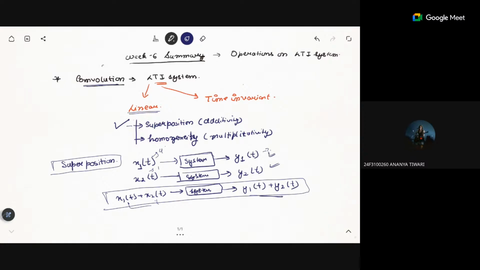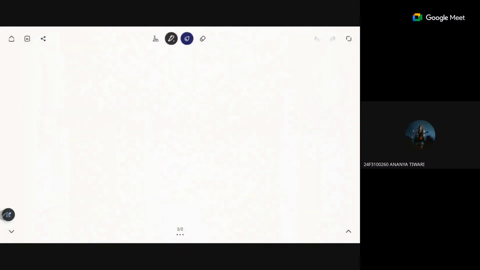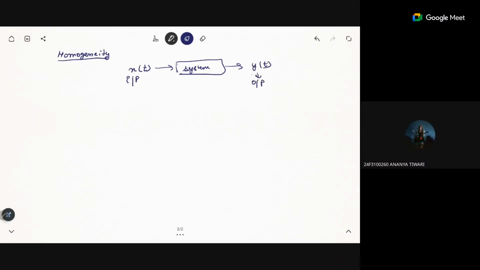Now the other criterion is homogeneity. Again we take one signal x(t) as the input, give it to a system, and take the output y(t).